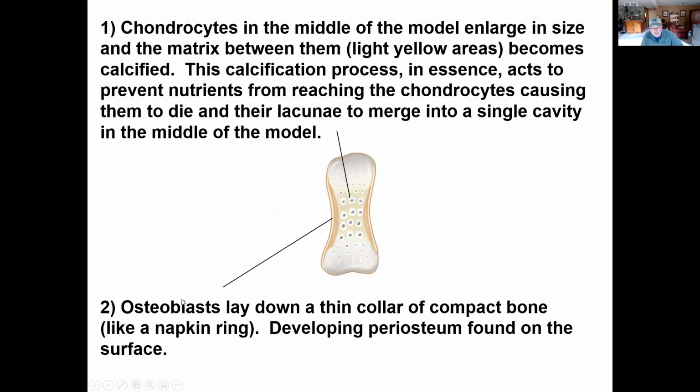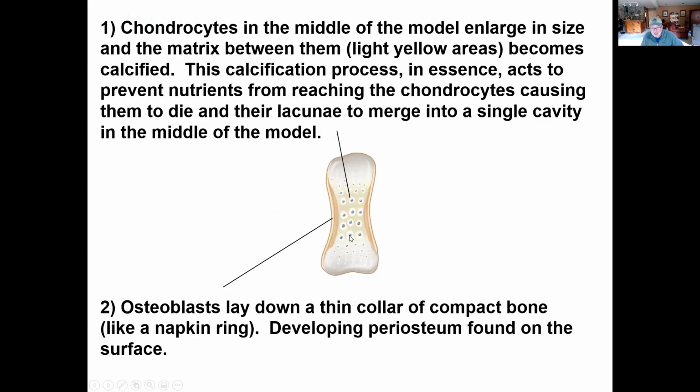Now, we've talked about osteoblasts earlier. Remember what they did? Osteoblasts build bone, they make bone, they lay down matrix. And that's what's going on here. The osteoblasts are laying down a thin collar of compact bone.